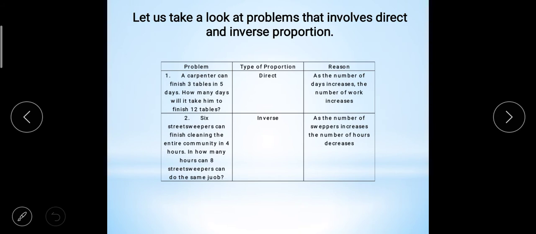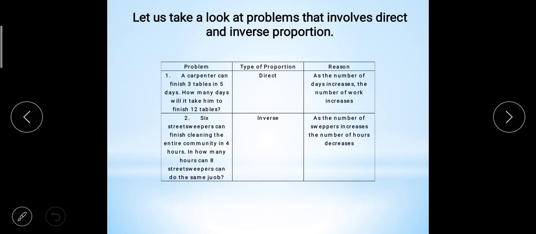Okay? So, syempre, kung yung 3 tables, 5 days, pag tinaasan natin yung number of tables, syempre, tataas din po yung number of days na kailangan niyang gugulin to finish the 12 tables.